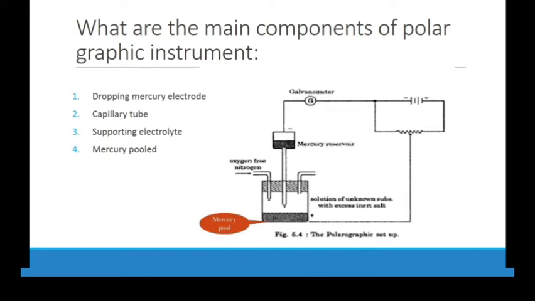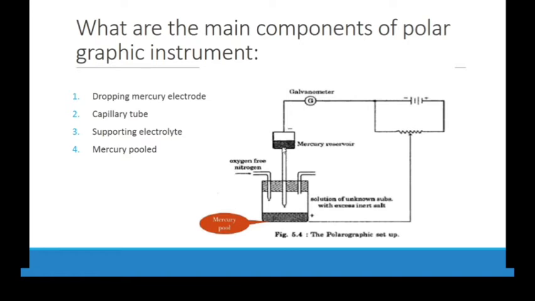This is a general diagram of the polarography apparatus. You have the dropping mercury electrode, from where the mercury travels, and we have a drop present here. This part is connected to the negative charge and it is the cathode.